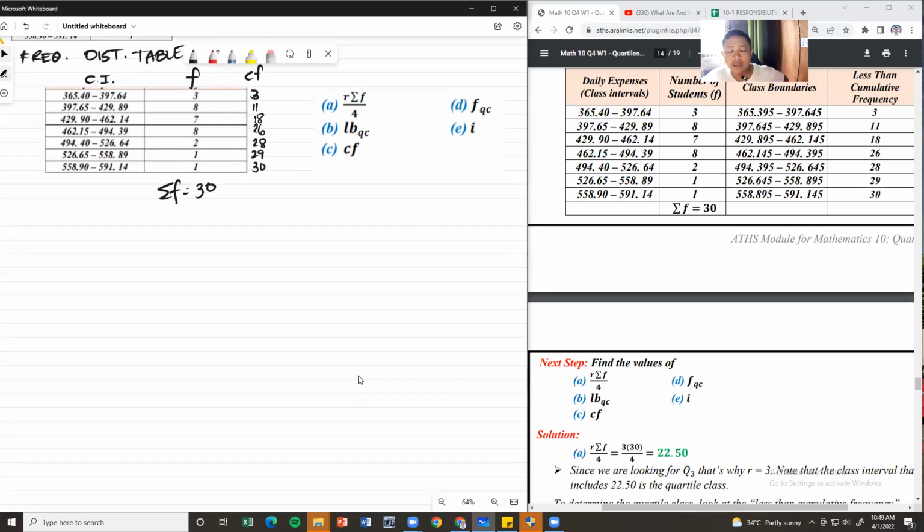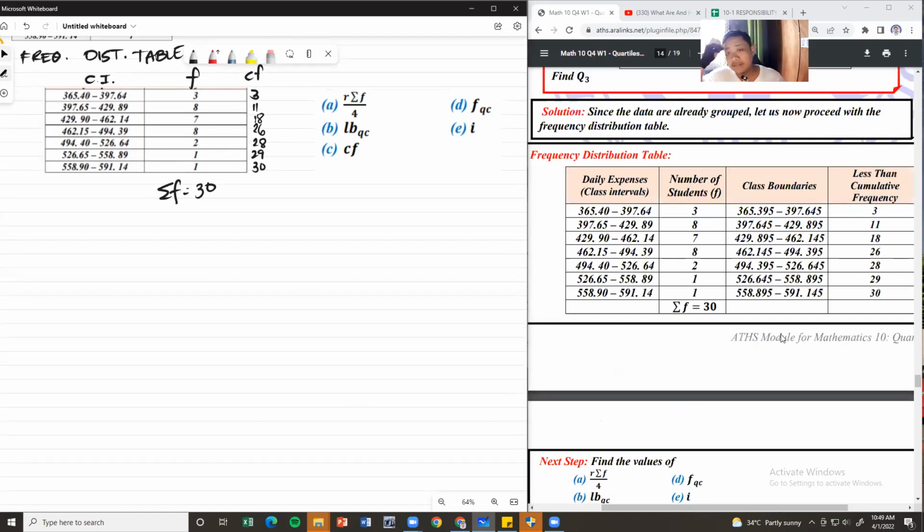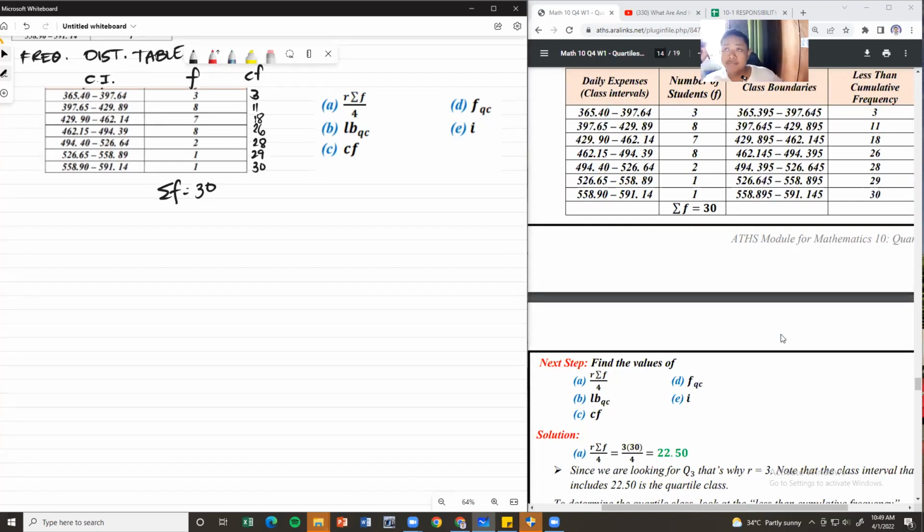this is a 2 decimal place. This is a 2 decimal place. Ang gagawin natin dito, of course, is to follow that. 395. Okay.